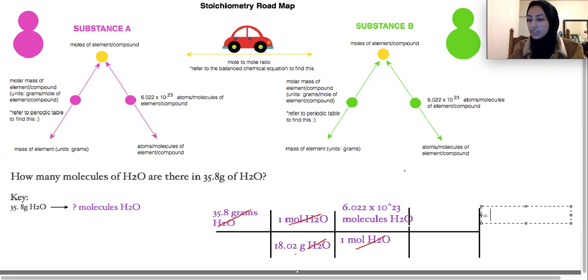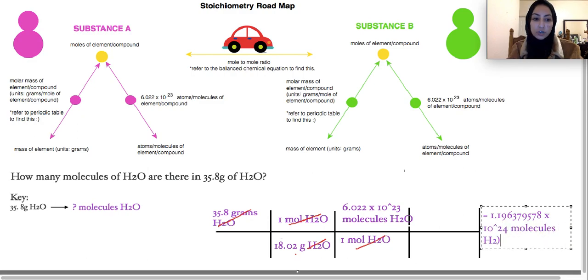That will equal 1.196379578 times 10 to the 24th molecules of H2O.